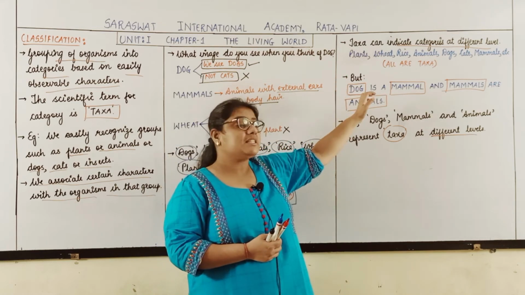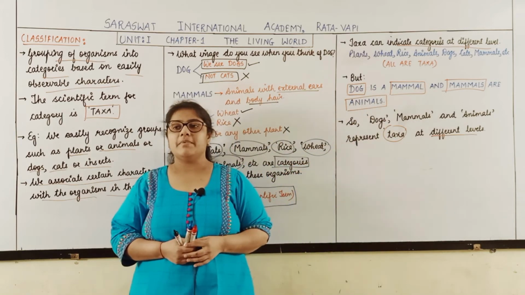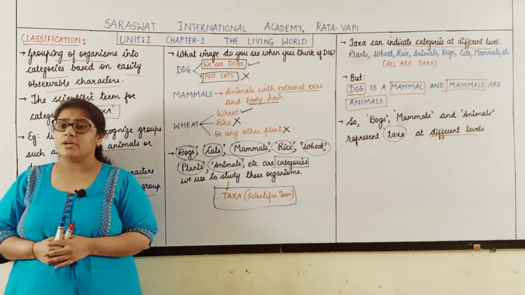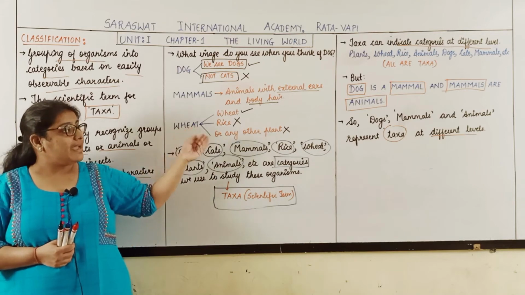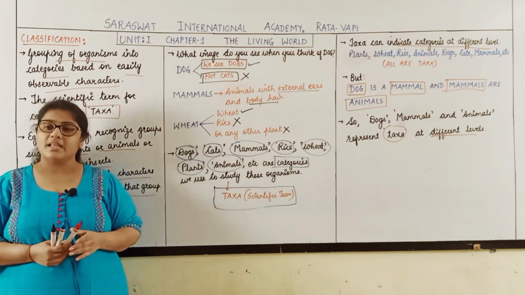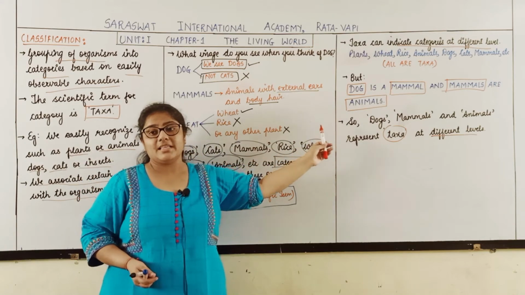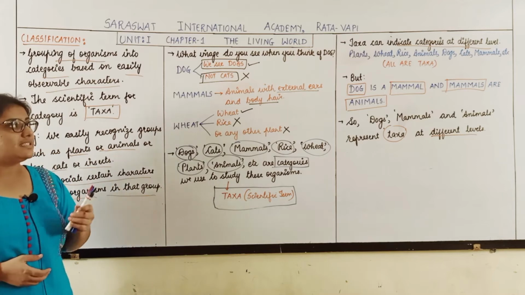We have studied this by taking an example of a dog. Dog is a mammal, and all mammals are what? Animals. So the dog, the mammal and the animals are the categories, or you can say the taxa at different levels. So students, this is regarding the classification.